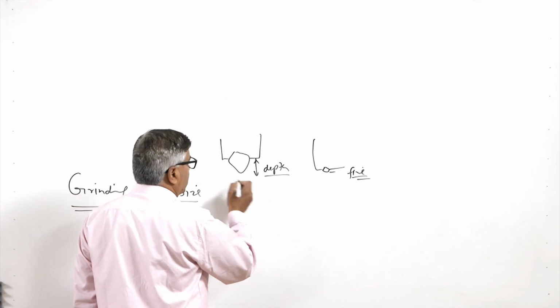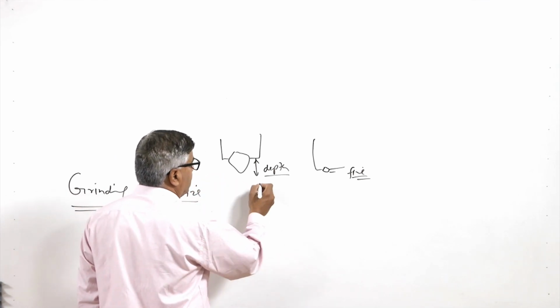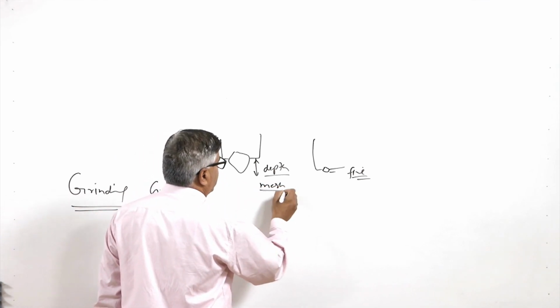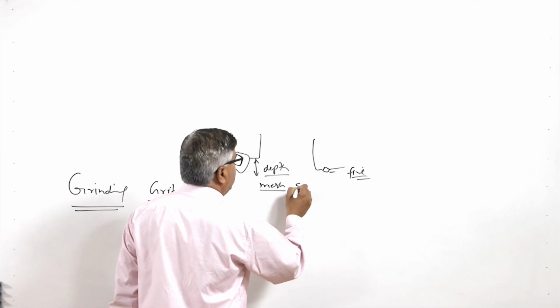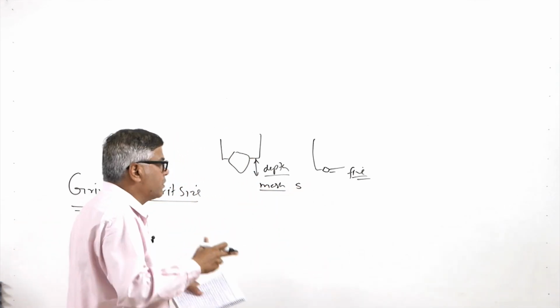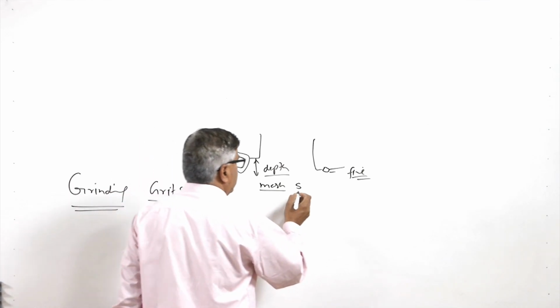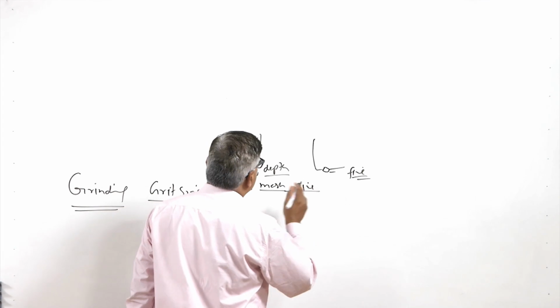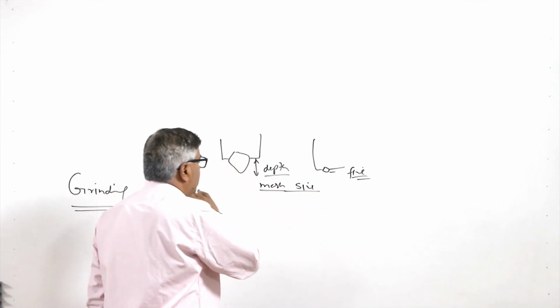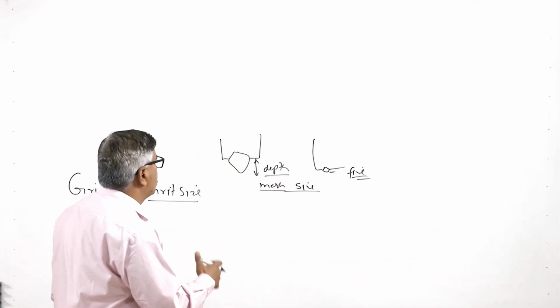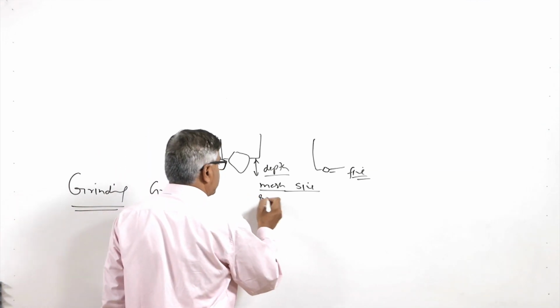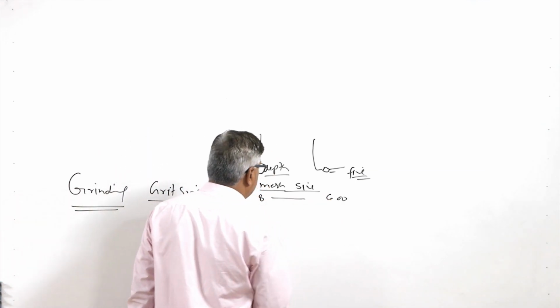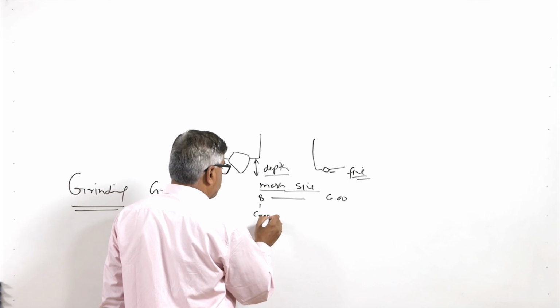So, the grit size is measured using mesh screening using the sieves of the different mesh sizes. The mesh size commonly used for the abrasives in the grinding wheel can vary from say 8 to 600. 8 is extremely coarse.